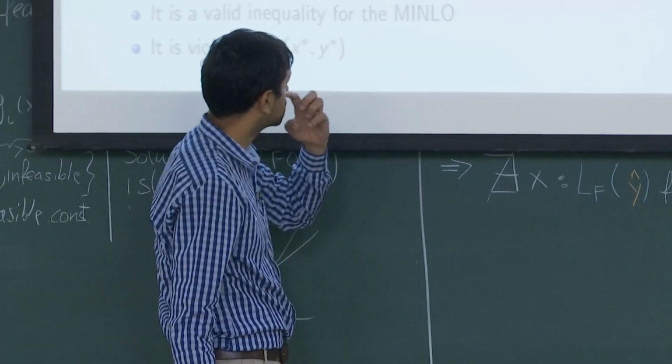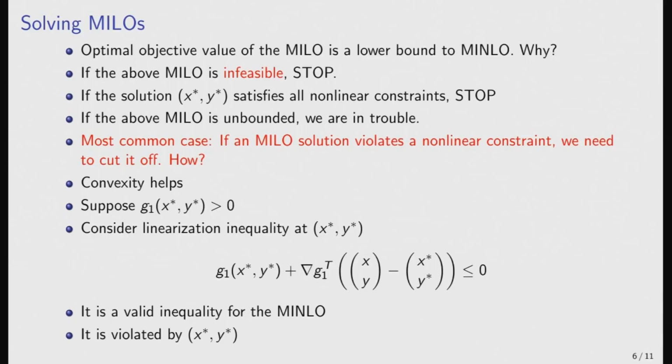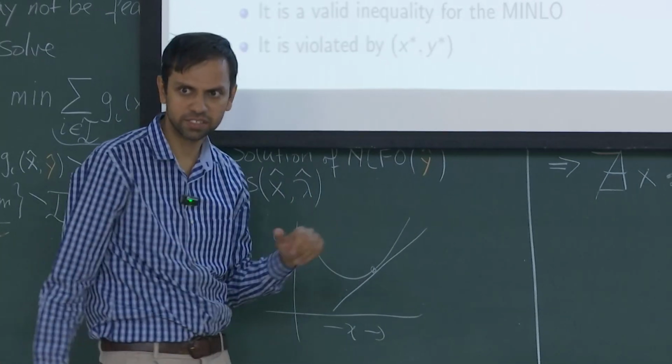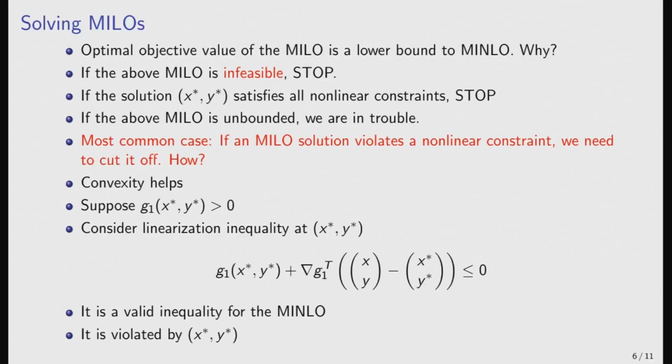So if an underestimator is less than or equal to 0, that means the original function is also less than or equal to 0. So this is a valid inequality for my MINLO. Any questions till now?